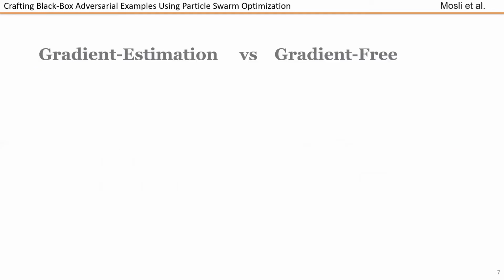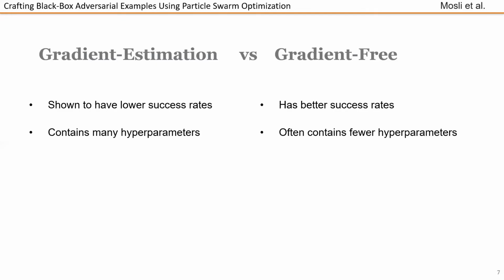There are a few differences between the two types of attacks. First and foremost, it has been shown that gradient estimation attacks often achieve lower success rates than gradient-free attacks. Second, gradient estimation attacks use more hyperparameters than gradient-free attacks, which translates to an increased sensitivity and dependency on the initially chosen hyperparameter values.